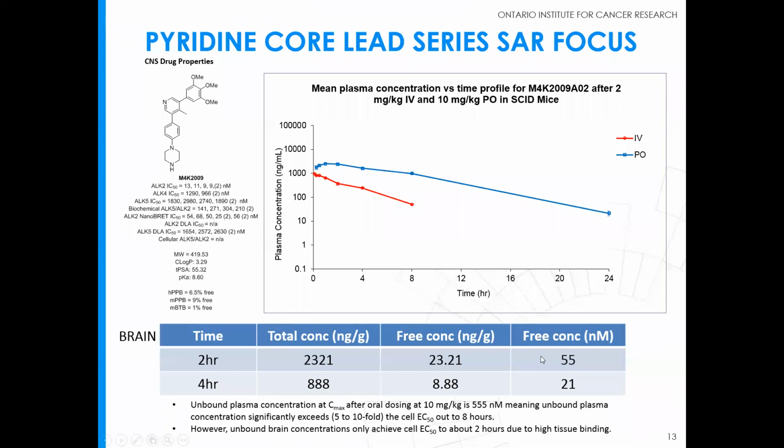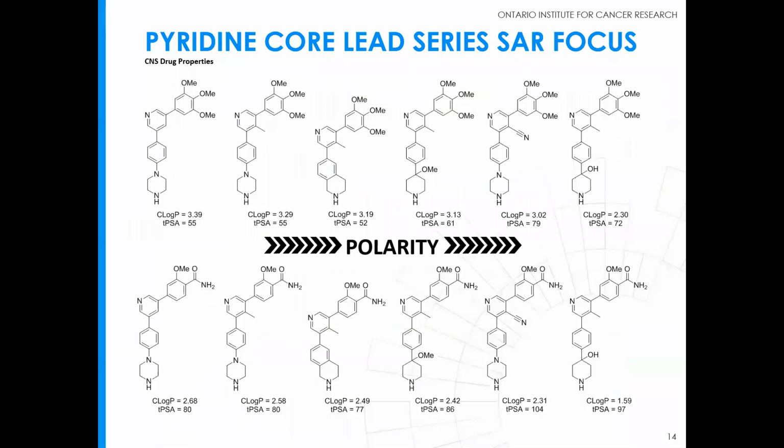One of the ways that we're contemplating doing so is to take a look at reducing the lipophilicity of these compounds, because if you take a look at 2009, the log P is quite high, around 3.3, and PSA around 55, which is quite low.